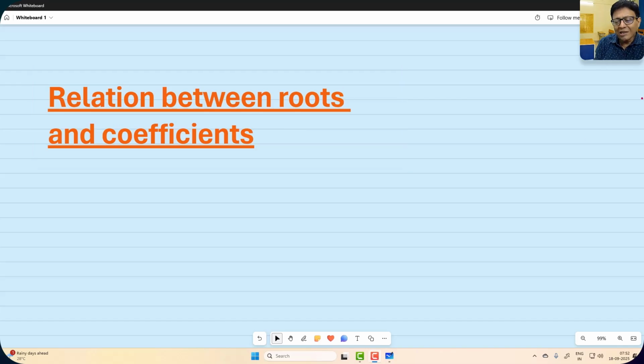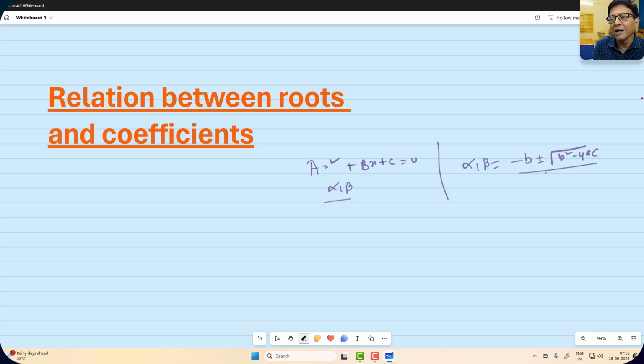For any quadratic equation of this form, ax square plus bx plus c equal to 0, if its roots are alpha and beta, you have written, and for those who have not done it, I am writing it: alpha and beta are given by the Sridhar Acharya formula, minus b plus minus square root of b square minus 4ac, by 2a.